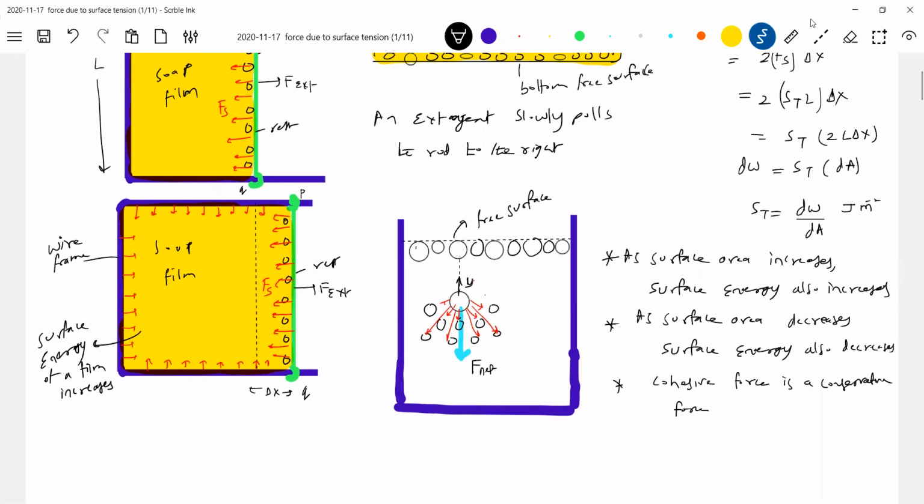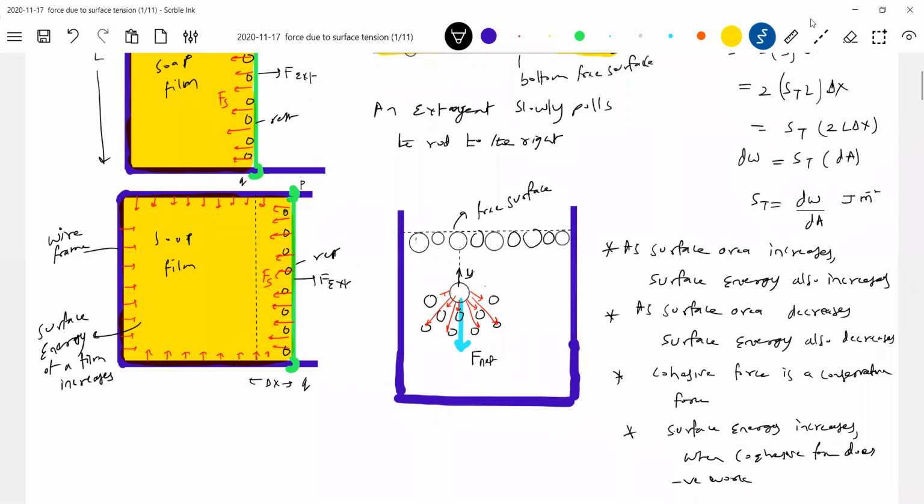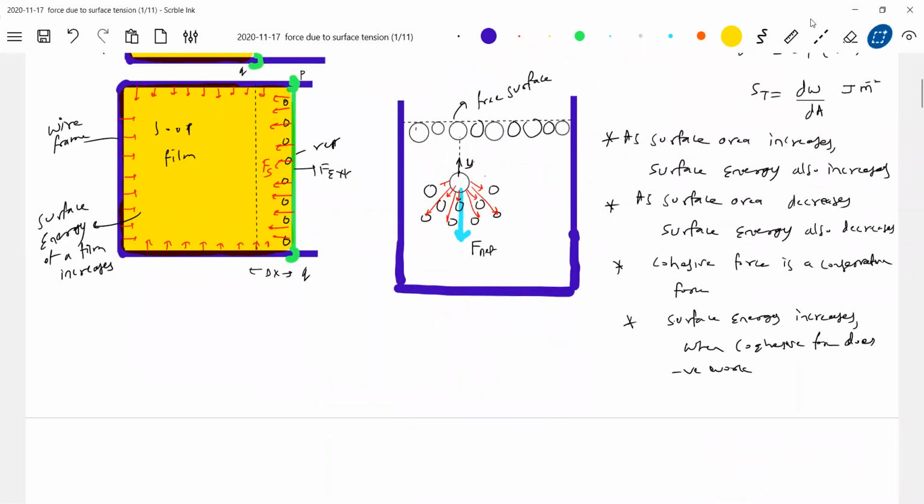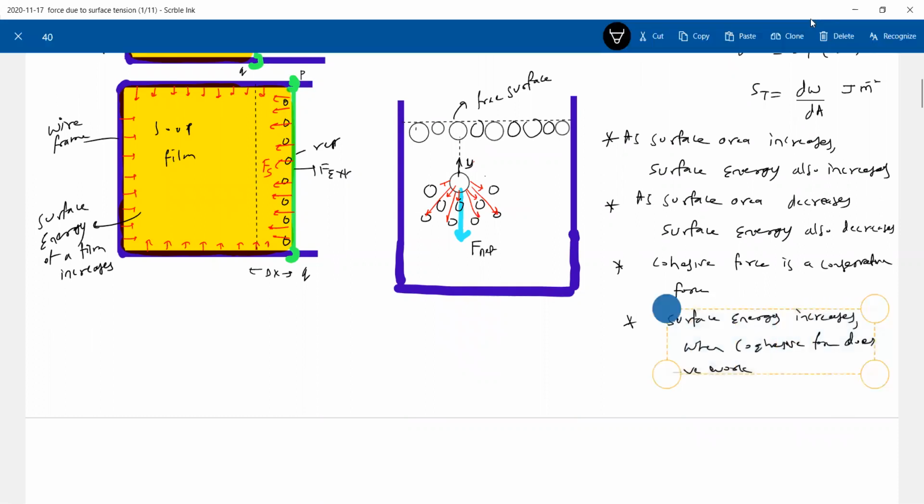Surface energy increases when the cohesive force does negative work. Similarly, surface energy decreases when the cohesive force does positive work.